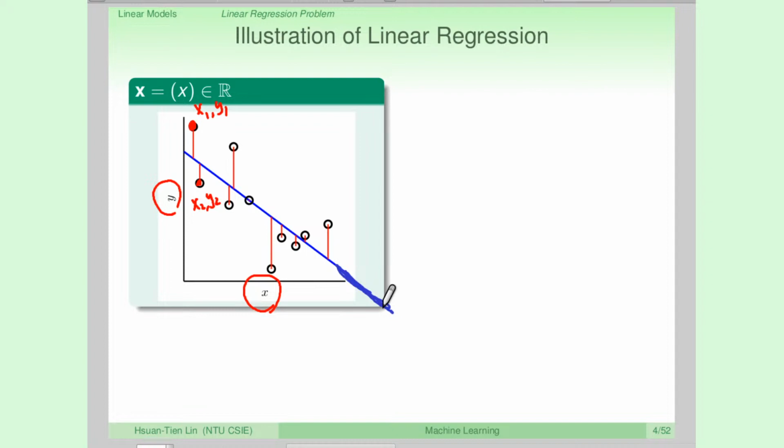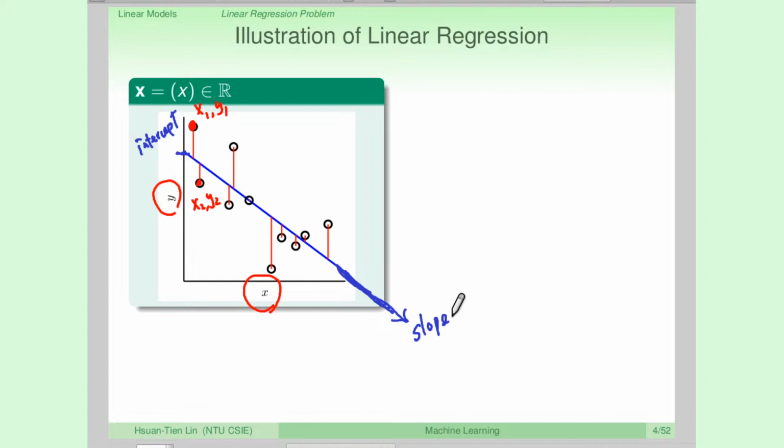What are the parameters of these lines? In your high school math, it tells you that there are two parameters. One possibly being the intercept, and the other possibly being the slope. So in high school, you try to calculate this line by finding the optimal intercept and slope.